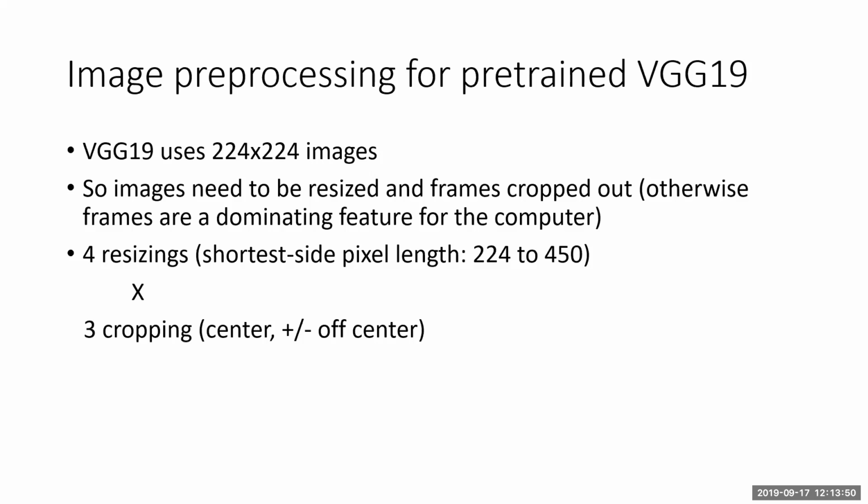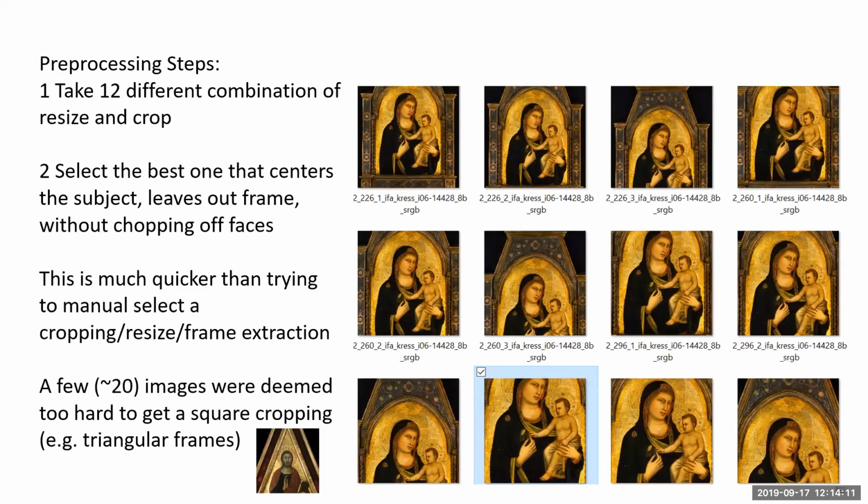For each image, I didn't want to go through and manually segment out a square, because that would be pretty hard, as I'll show you in a second, and it would also be time consuming. So what I did is I took what seemed to be 4 possible resizes and 3 possible croppings. I combined those together and did 12 possible variations of the image. My pre-processing steps took these 12 different combinations, and then I went by hand and selected which combination seems to be the best trade-off between cutting out frames and leaving the main parts of the image.